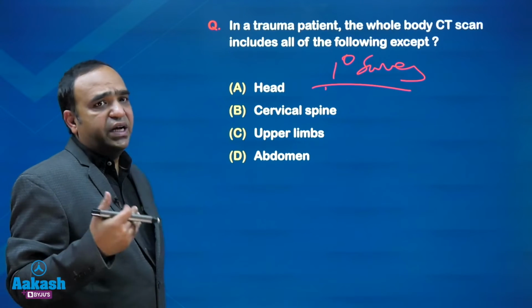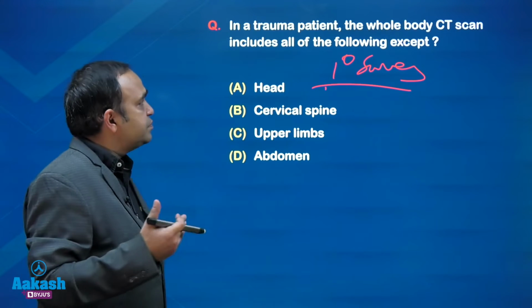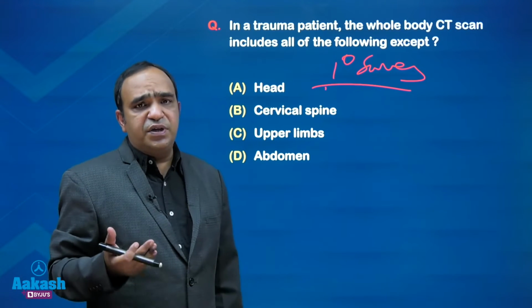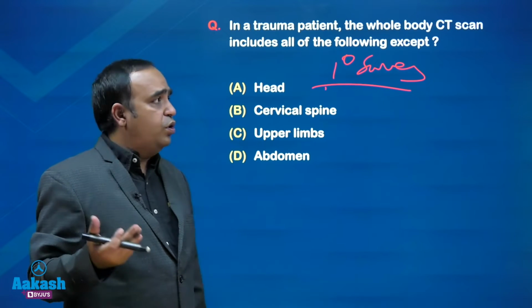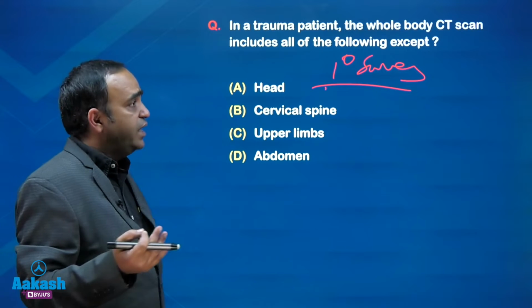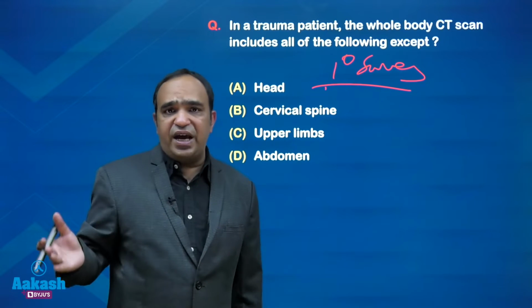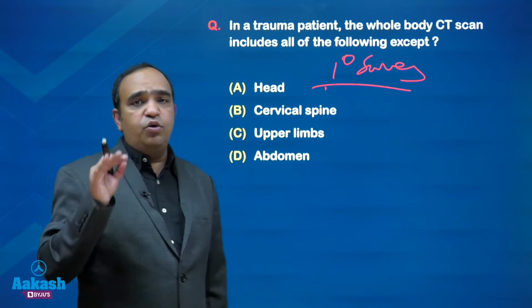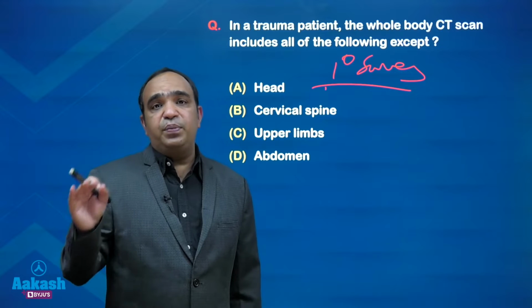Primary survey is identifying and managing the immediate life threatening injuries and a quick assessment of the patient that includes FAST, that sometimes also includes a quick whole body CT scan. But in whole body CT scan, we do not focus on the entire body. We only focus on those areas which can have an impact on life.